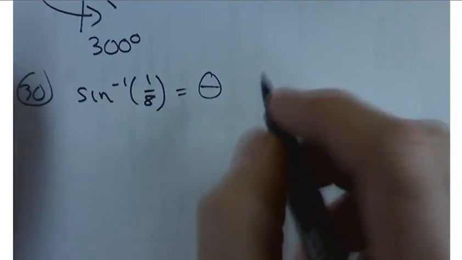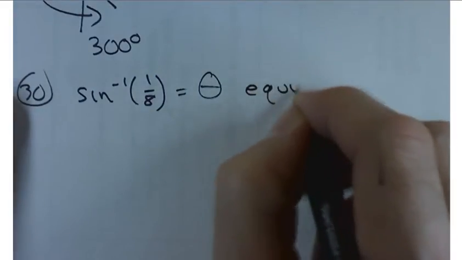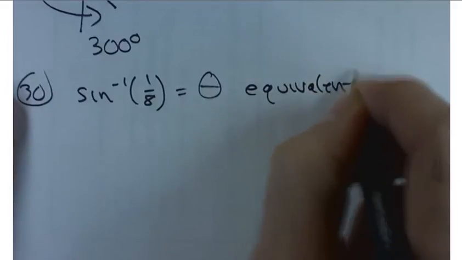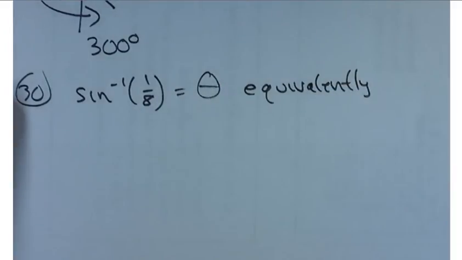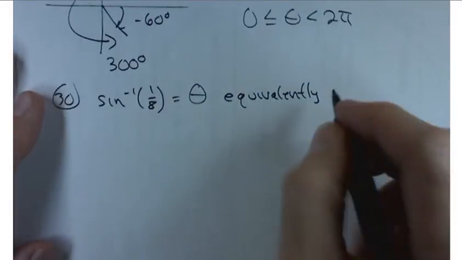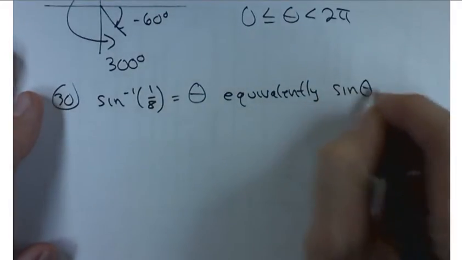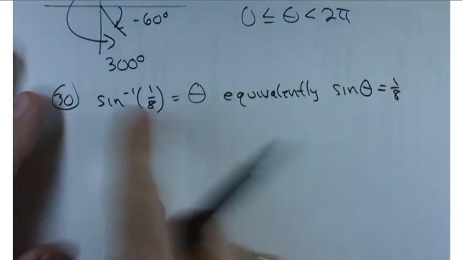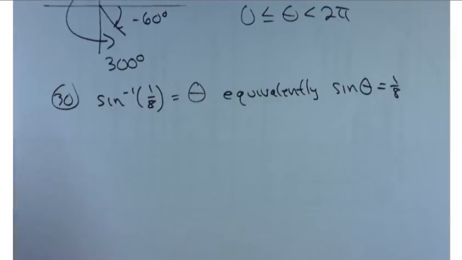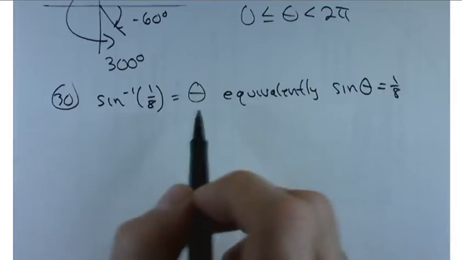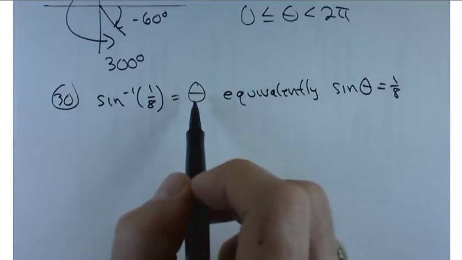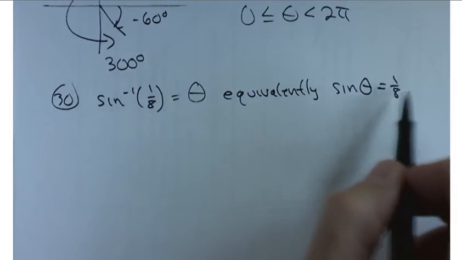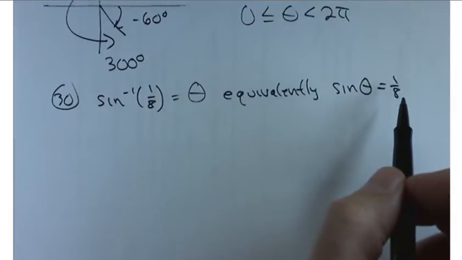So equivalently, let me zoom out a little bit. Sine of theta equals 1/8. These are saying the same thing. So your job is to find the angle whose sine is 1/8. And that'd be different than pi over 8.